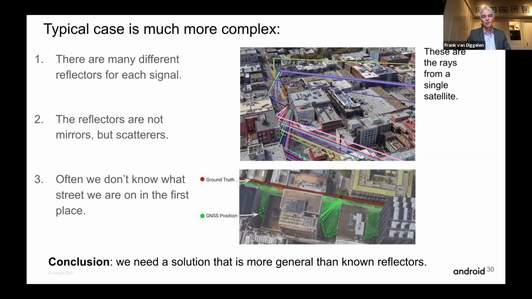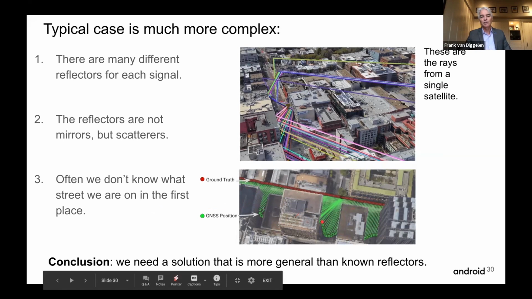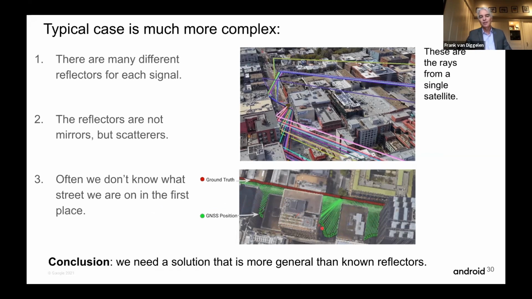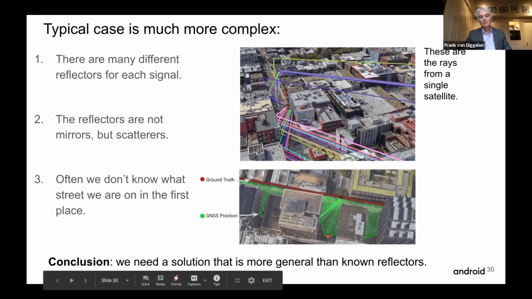And this example that I showed you before, this was the background to an earlier slide. The red here is the ground truth, and the green is from a smartphone. This is very typical. This is a high-rise part of San Francisco. So here, for example, we're almost in the wrong city block, and particularly we'd think we were on this street if this was the position, the raw position from your GNSS receiver.